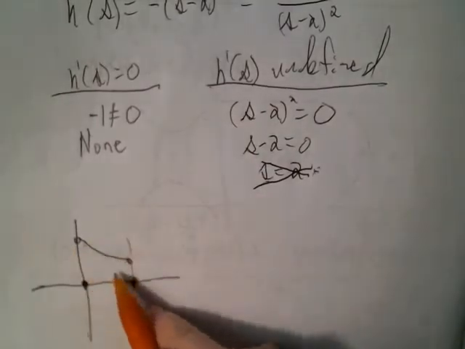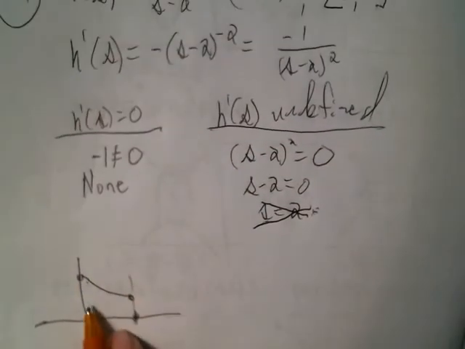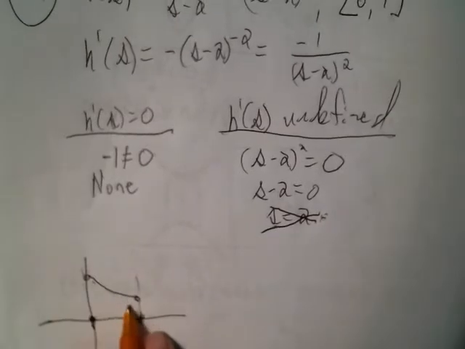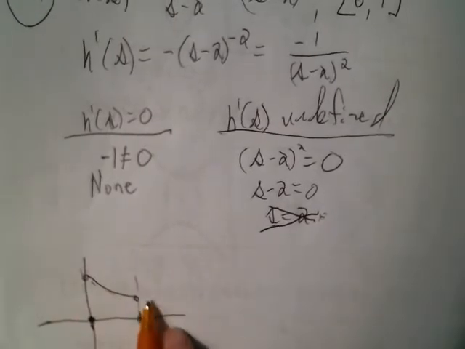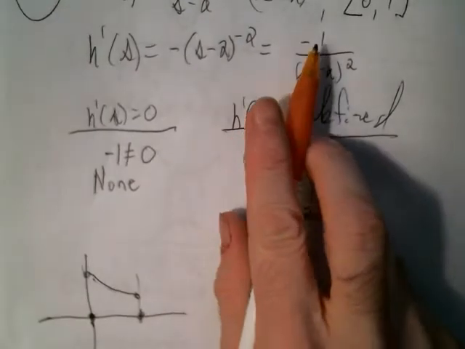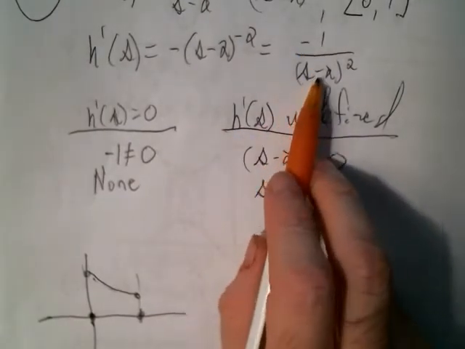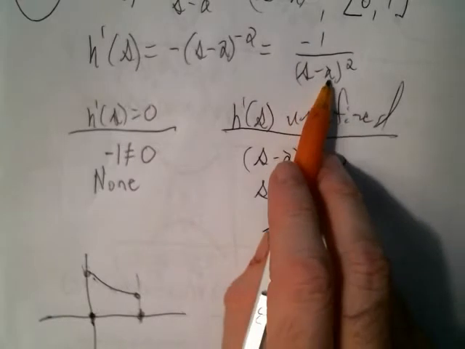At 0, it should have been negative 1/2, I should have put that down here, but you get the idea. It's decreasing because the derivative is always negative. It's a negative over something squared, which is positive, and negative over a positive is negative.